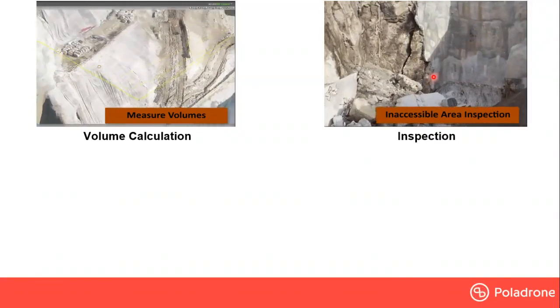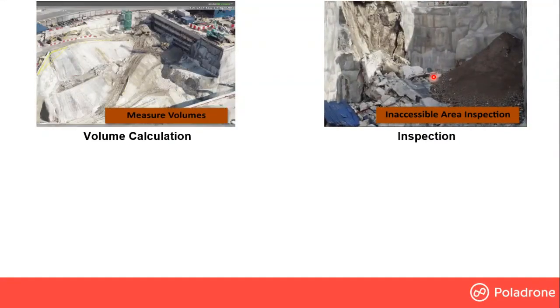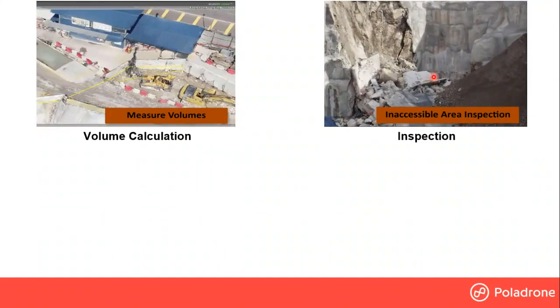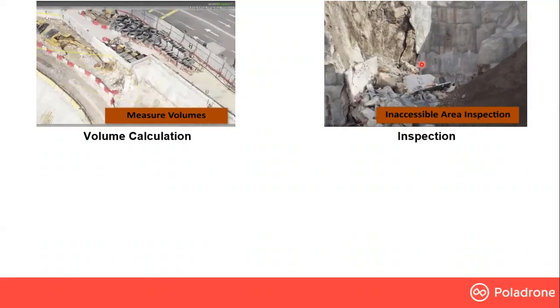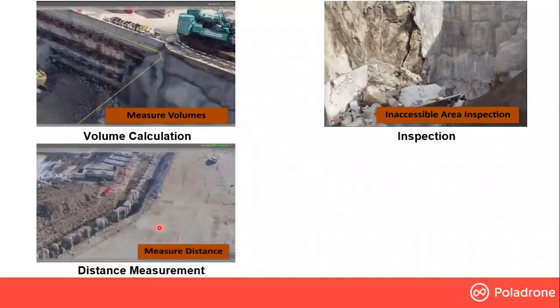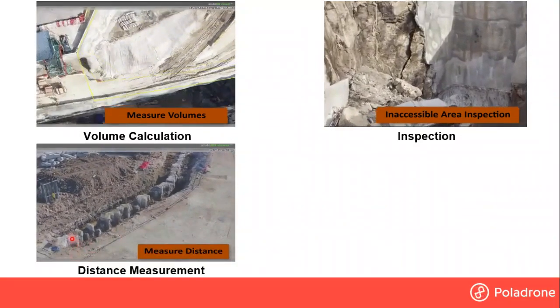Instead of sending people to go and inspect, which is quite risky, you can just deploy a drone, easily get 4K footage, high quality video, to see what is wrong with the area. And then they also can use the software and drone images to quickly and accurately measure a distance from this point to this point.